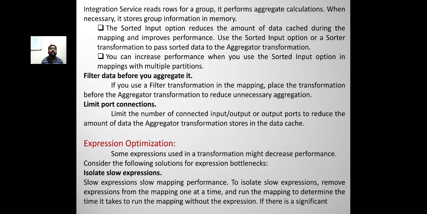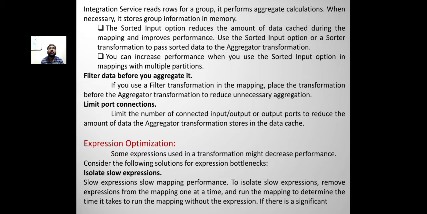Use the sorted input option or a sorter transformation to pass sorted data to the aggregator transformation. And third, you can increase performance when you use the sorted input option in mappings with multiple partitions.